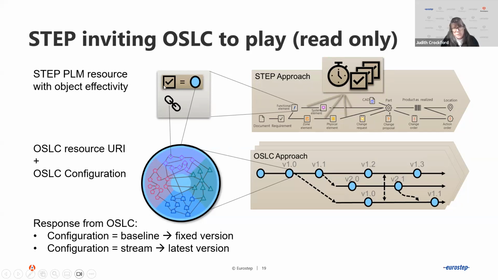As long as we've recorded what the OSLC configuration was, and we know what it is within that box, we don't actually have to have inside the STEP environment the local global configurations that you normally get in an OSLC based environment, because that's not how effectivity based configurations work.